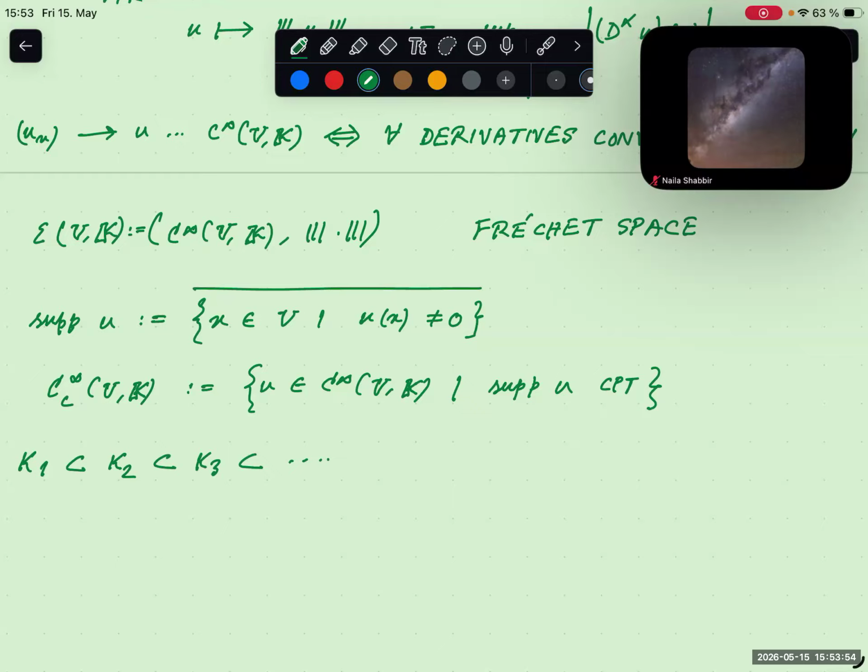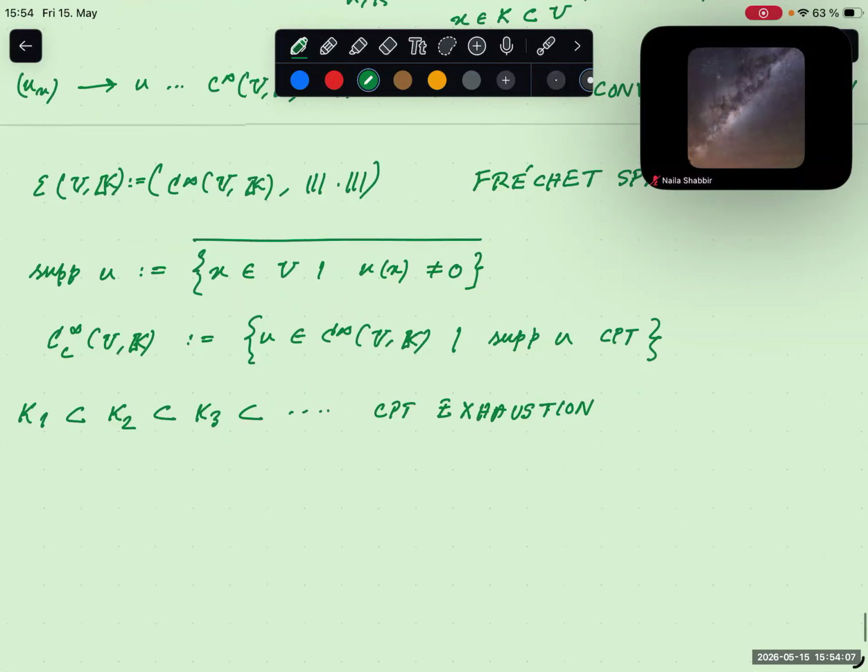So these are compact exhaustions. And if you take the union over all these K_i, then you get the whole thing.